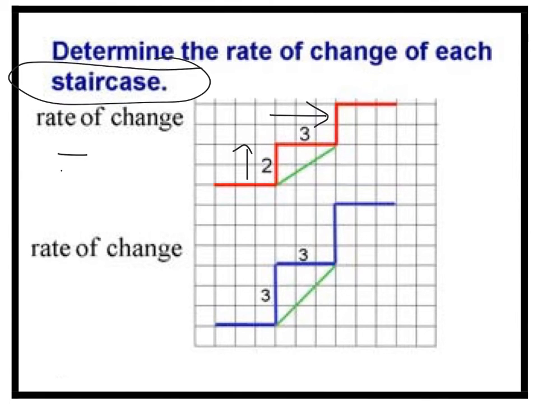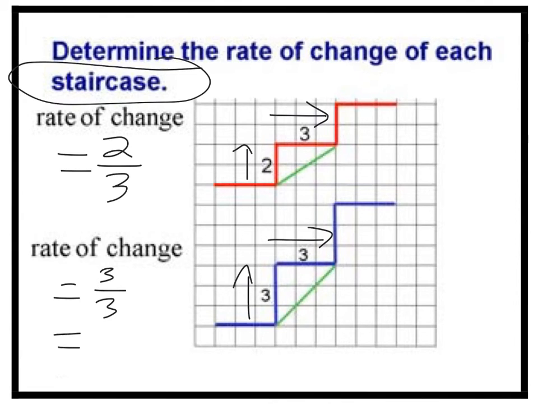So that means this rate of change is 2 over 3. In our second case, we have a rise of 3 and a run of 3. So we would have a rise of 3 over a run of 3. But 3 divided by 3 gives us 1. So in this case, our rate of change is 1.